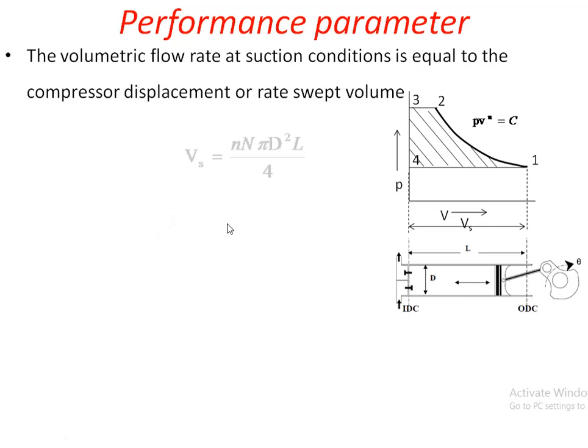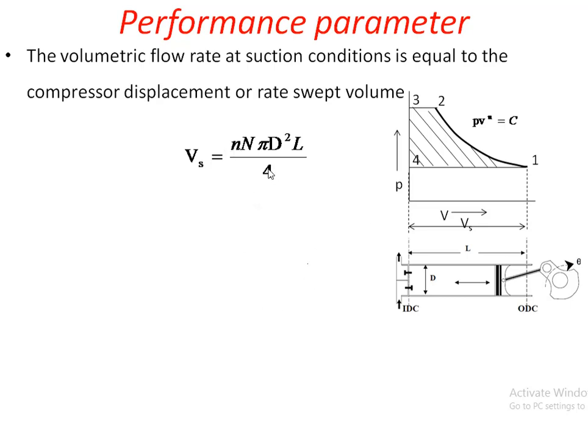So what is this swept volume? The swept volume for a compressor is given by the area of the piston, that is pi d square by 4, into the displacement length, that is the distance between the inner dead center and outer dead center, that is L. So pi d square by 4 into L will be the displacement volume per cycle, or per revolution of the crankshaft.